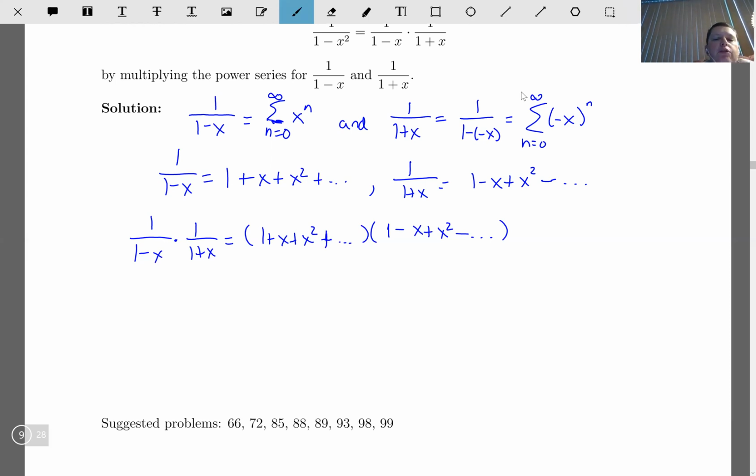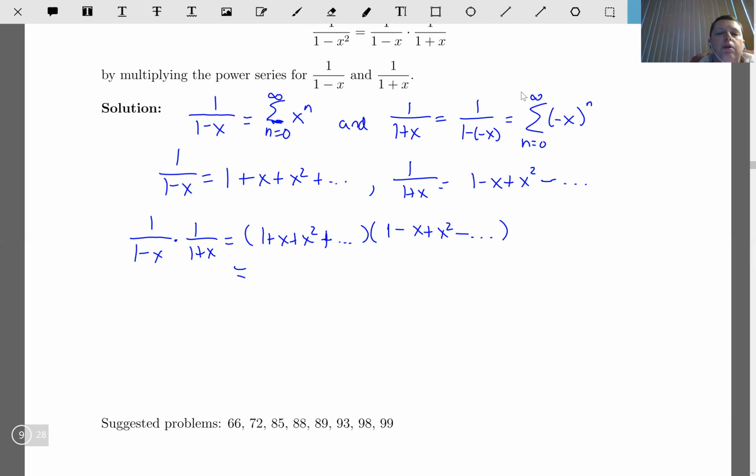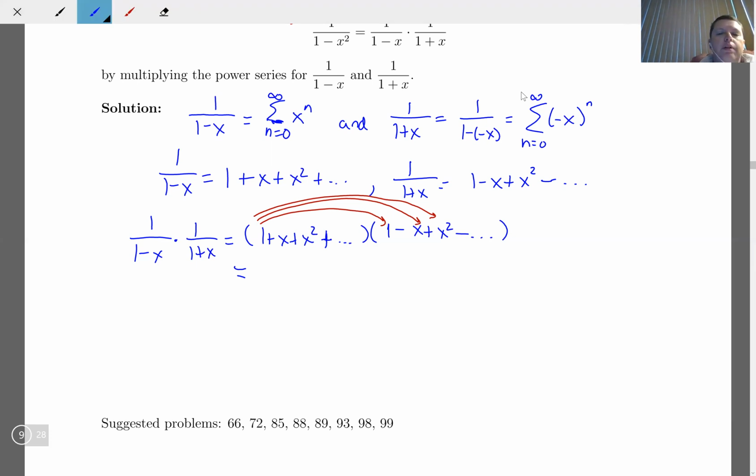Okay, so we do distribution, right? You could think of this as 1 times 1, 1 times negative x, 1 times x squared. So I'm going to get 1 minus x plus x squared plus dot dot dot.